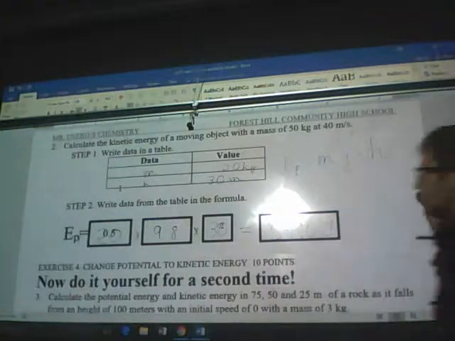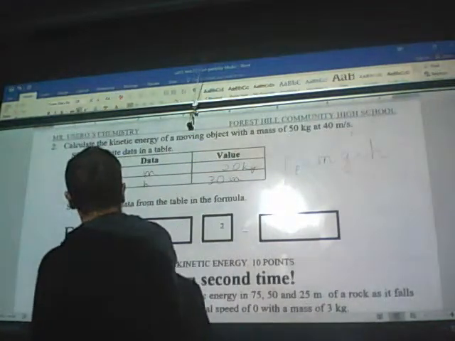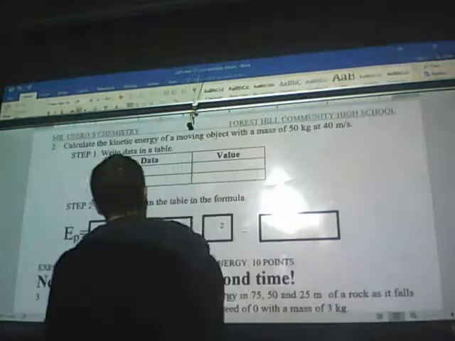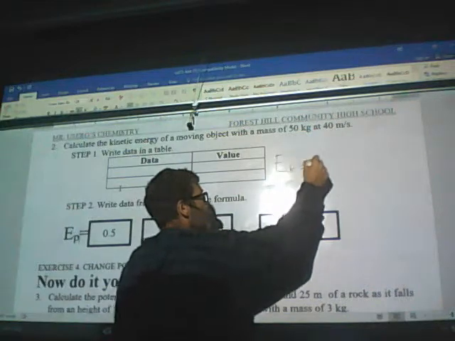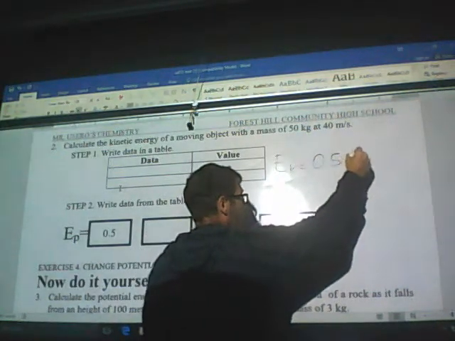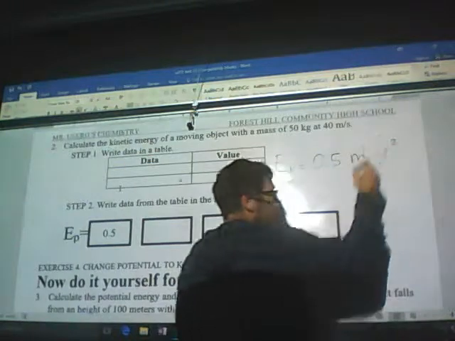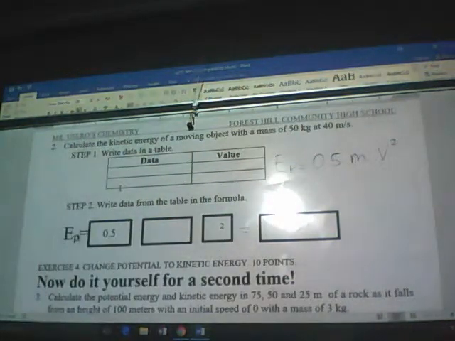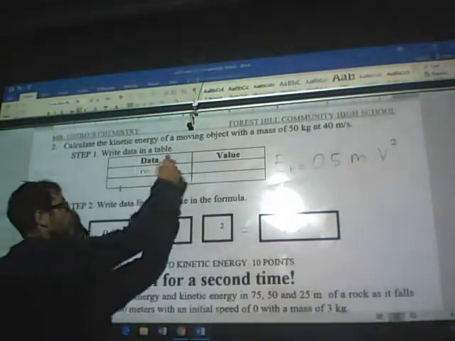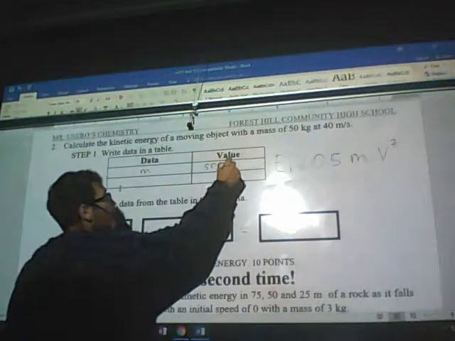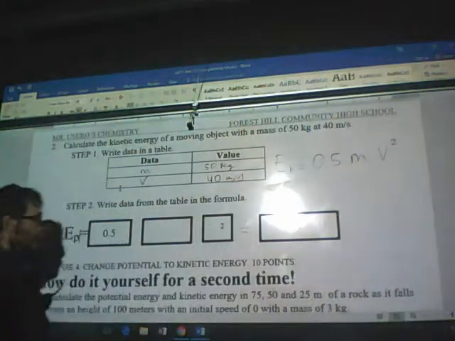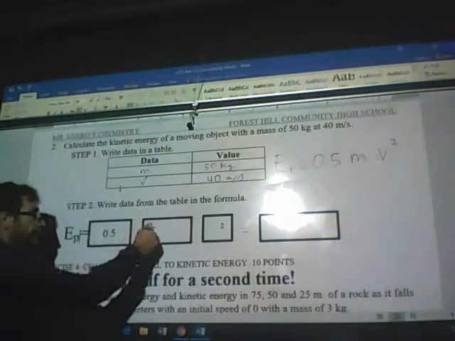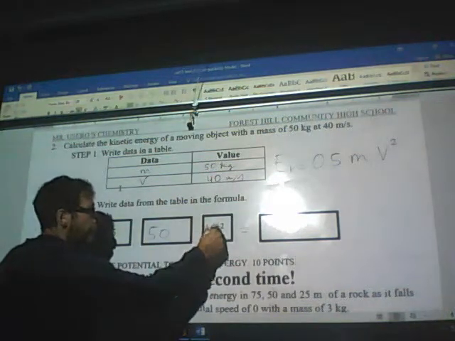Okay, the formula for kinetic energy is half the mass times velocity squared. Okay, so data here is mass, 50 kilograms, and speed, 40 meters per second. You only have to put it in the formula, 50 and 40 squared. Okay?